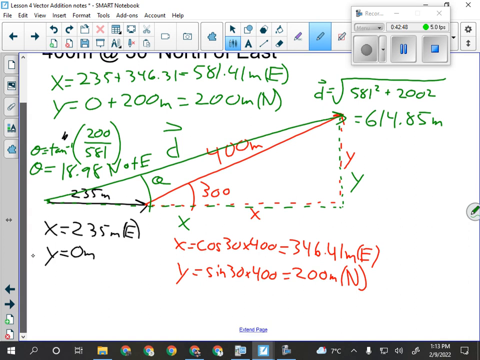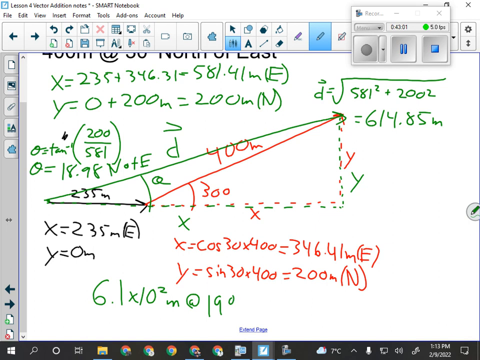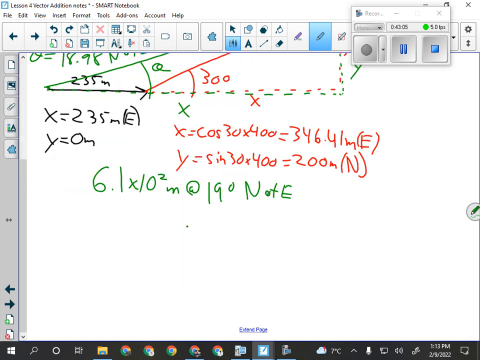So my final answer then will be 6.1 times 10 to the 2 meters at 19 degrees north of east, or I can also write at 71 degrees east of north. Either one of those would be correct.